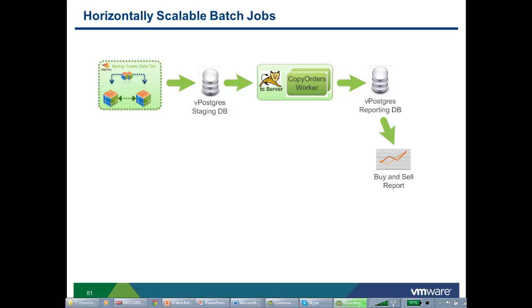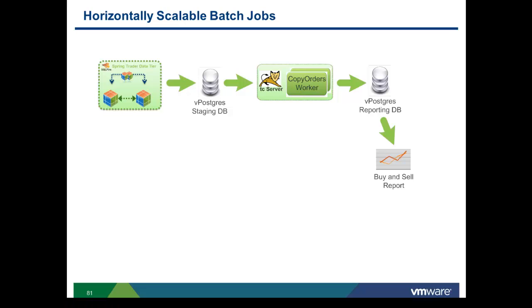Here we illustrate how data flows through the various components of the simple ETL solution that we're showing. The SpringTrader application stores order data in the SQLfire data tier. The data tier is asynchronously copied by SQLfire DB Synchronizer to vPostgres staging database.